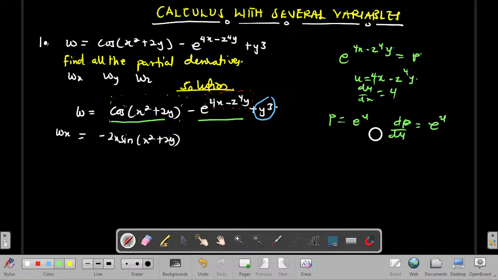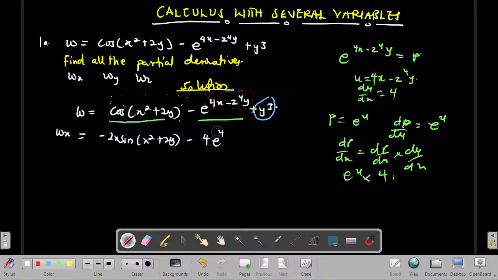So now our answer is dp/dx equals dp/du times du/dx, that is e to the power u times 4. So I'll simply come here and I'll have minus 4 e to the power, my u is 4x minus 4y. Remember the other term will be 0. That is our answer, the partial derivative with respect to x.